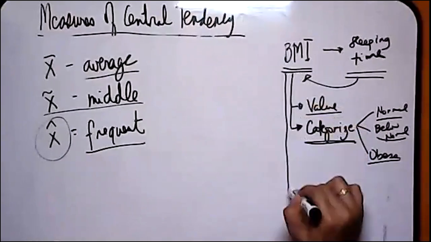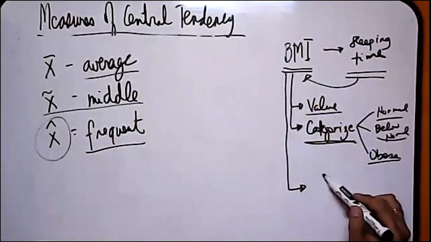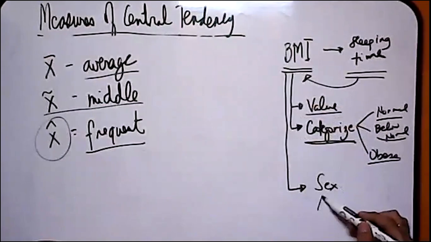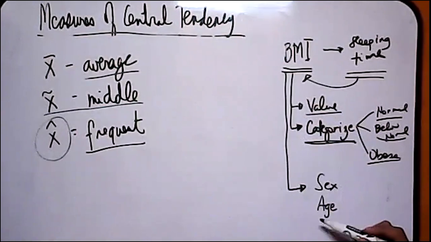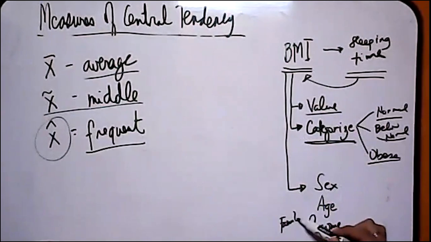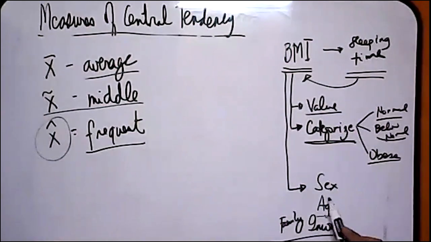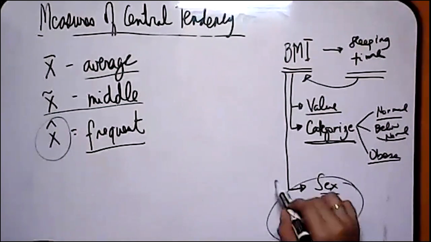And also, I am interested in getting the sex of the respondents, the age of the respondents, and perhaps I would like to also know their family income, okay? So these are other variables I am interested in getting at, and I also would like that these variables are related to BMI.